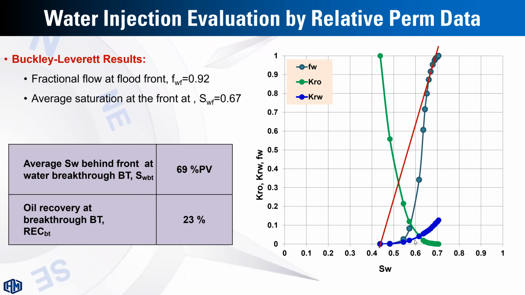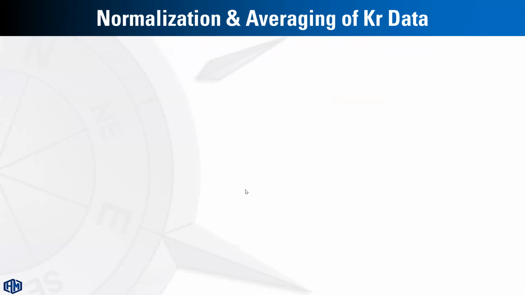Based on the interpretation of this fractional flow curve, we can estimate the average water saturation behind the flood front for water injection evaluation, and also the oil recovery at the breakthrough using this technique, which is totally dependent on special core measurements or relative permeability data.